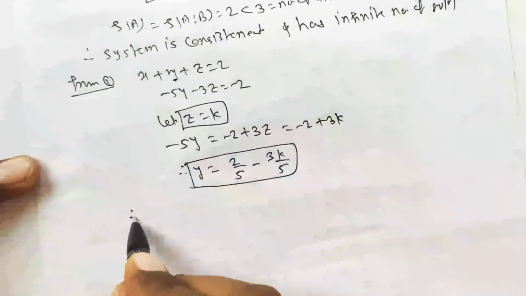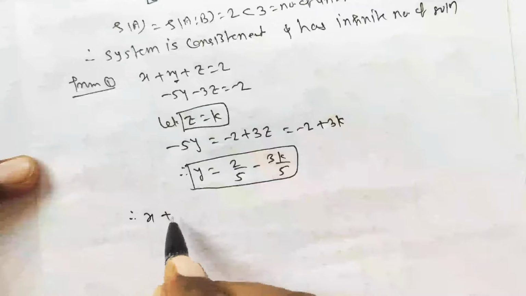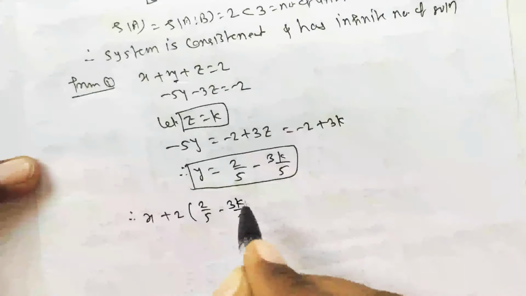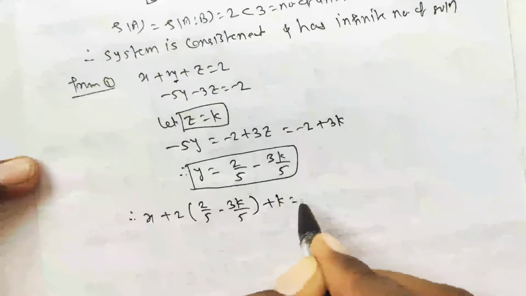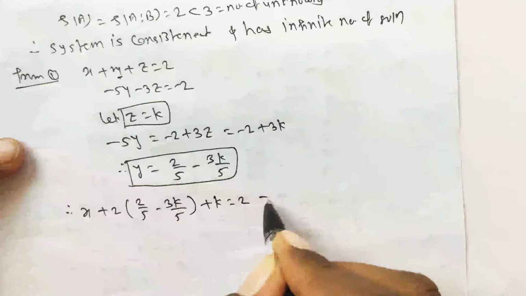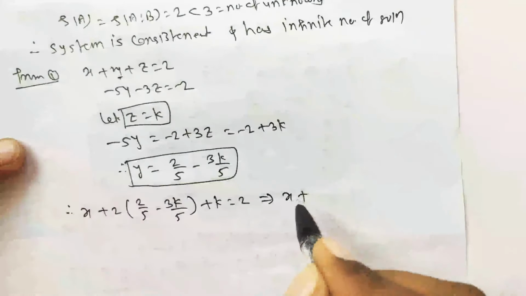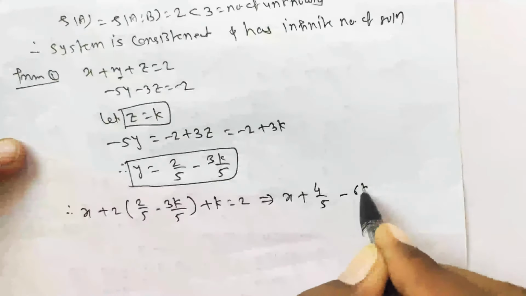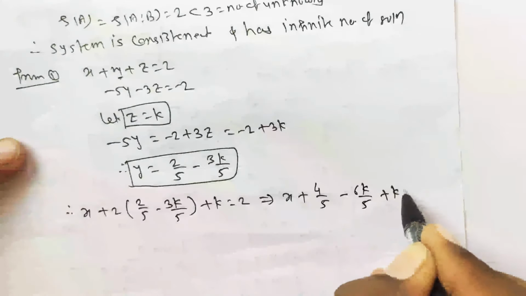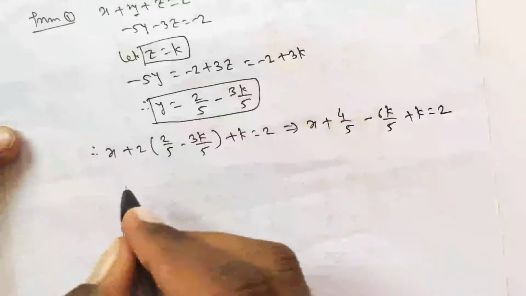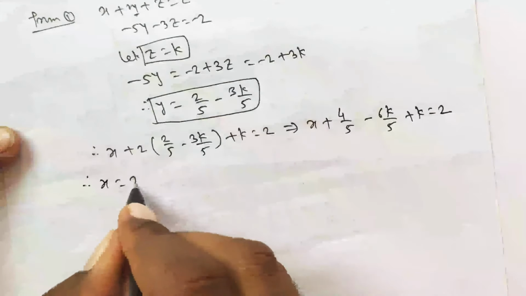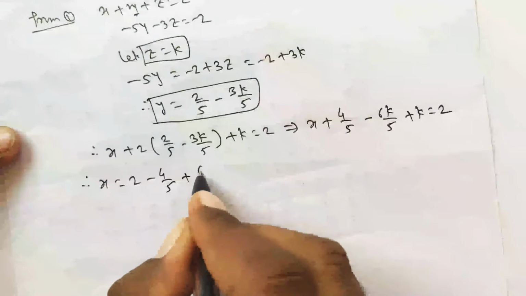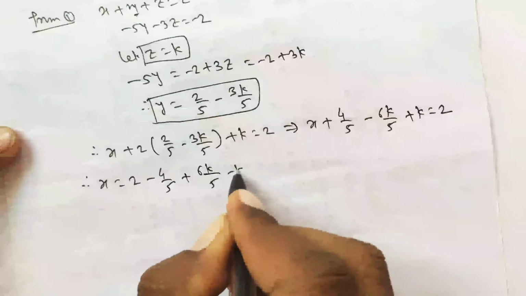Therefore x plus 2y, that is x plus 2 into (2/5 minus 3k/5), plus z, which is k, equal to 2. Using this we can write x plus 4/5 minus 6k/5 plus k equal to 2, and therefore x is equal to 2 minus 4/5 plus 6k/5 minus k.